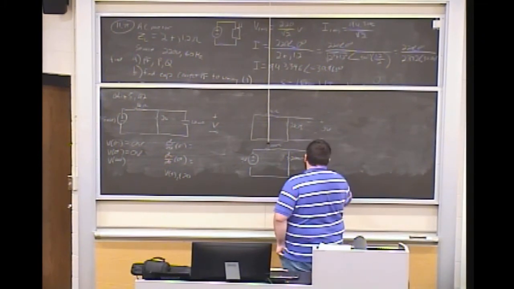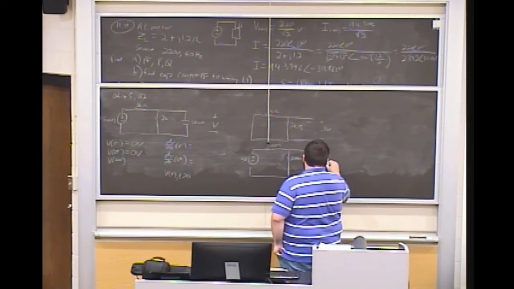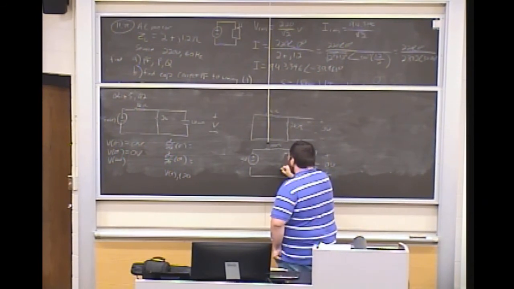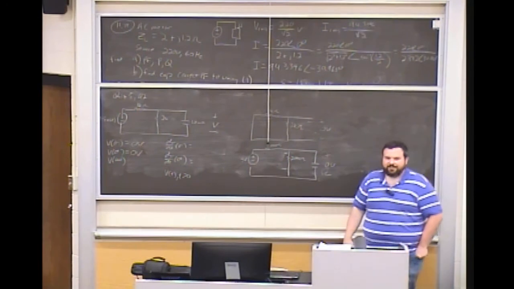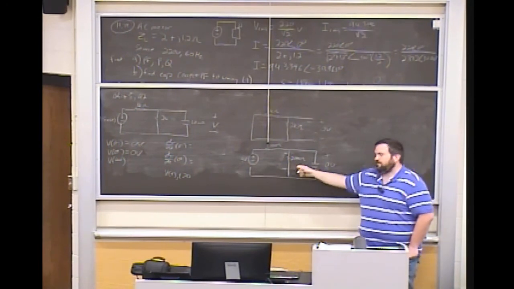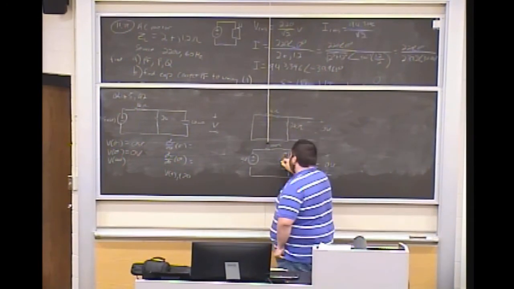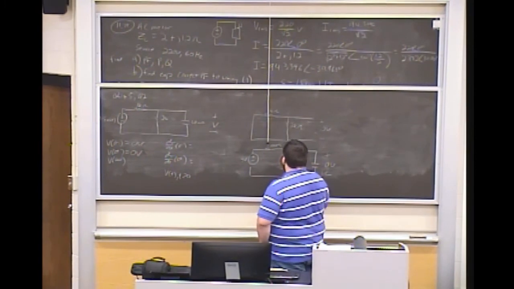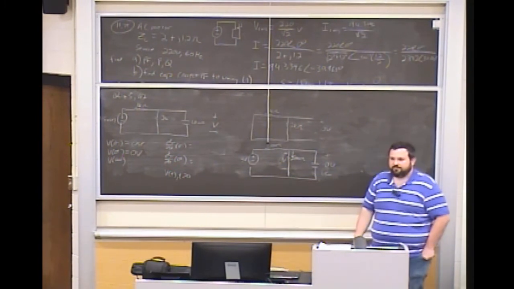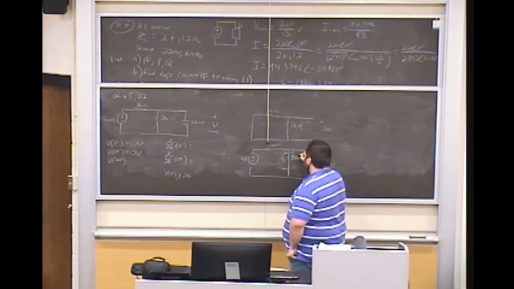We still have 0 volts right here. So therefore, how much voltage is dropped across an element that's in parallel with 0 volts? 0. So therefore, how much current goes through this 2K resistor? None. Uh-oh.